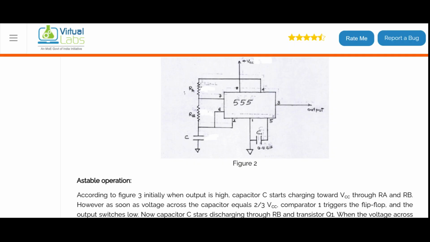Astable operation. According to Figure 3, initially when output is high, capacitor C starts charging toward VCC through RA and RB. However, as soon as voltage across the capacitor equals 2/3 VCC, comparator 1 triggers the flip-flop and the output switches low. Now capacitor C starts discharging through RB and transistor Q1.